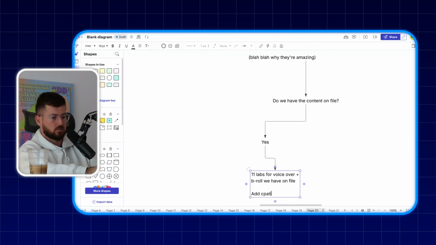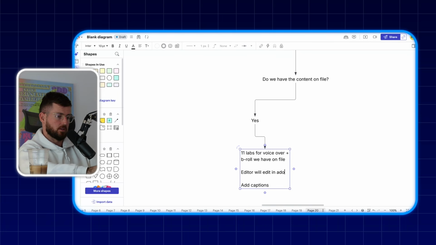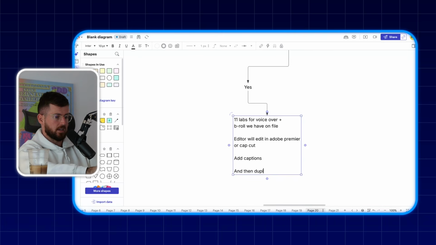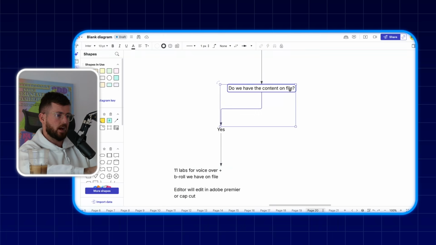Add captions. Editor will edit in Adobe Premiere or CapCut. Add captions and then duplicate the video 3 times. 2 of the 3 videos will have a different visual hook.